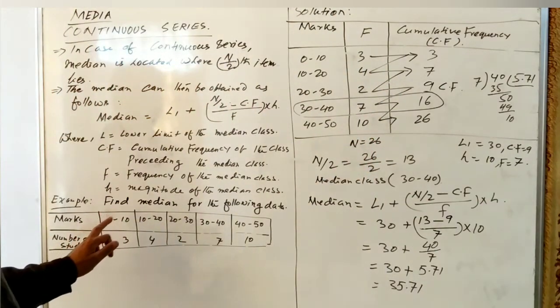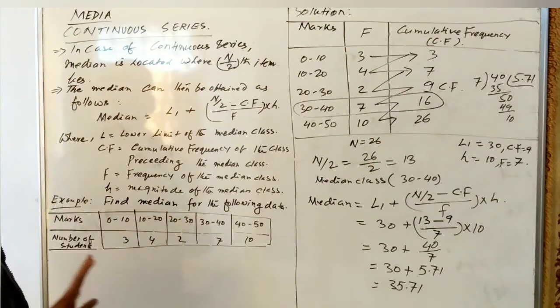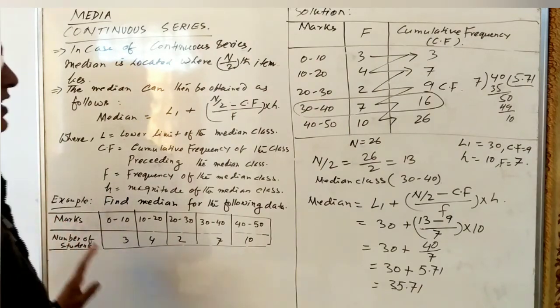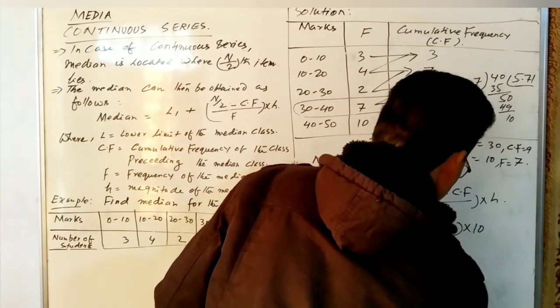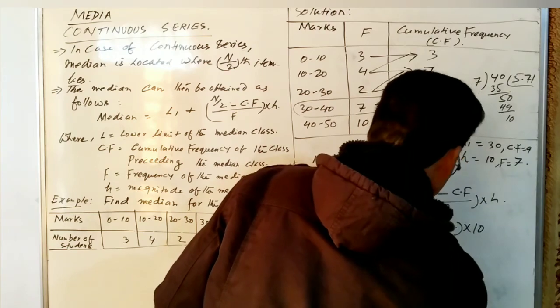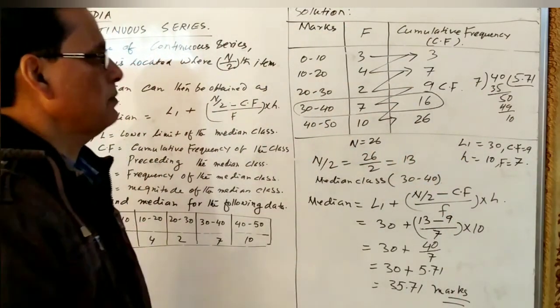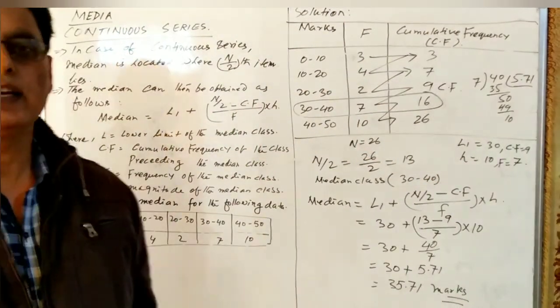This is the median for the following data. So the median marks is 35.71. I think this calculation is clear to all of you.